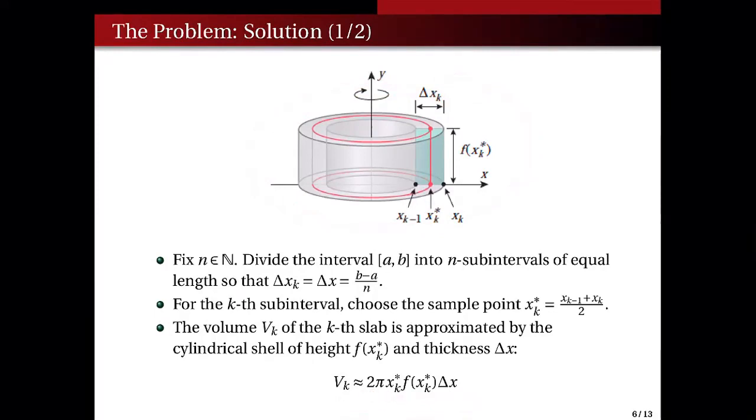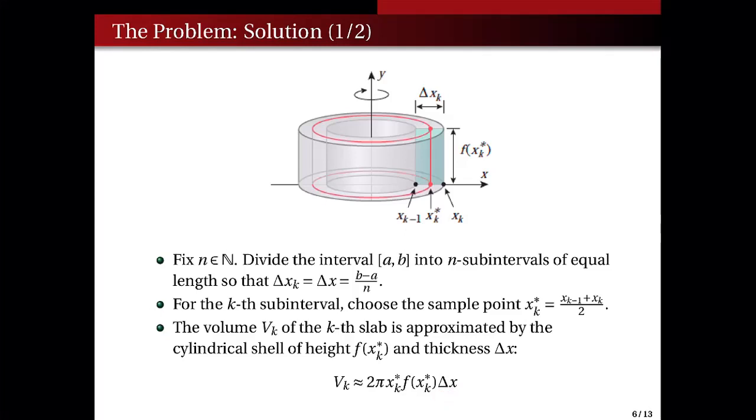Take note of that, x sub k star, this guy here, the average, times the evaluation f of x sub k star, that's your height in here. And of course, times the thickness, but the thickness is just your delta x.